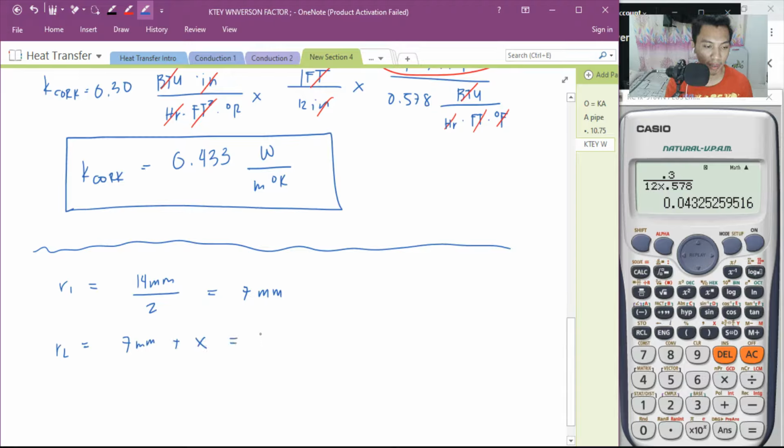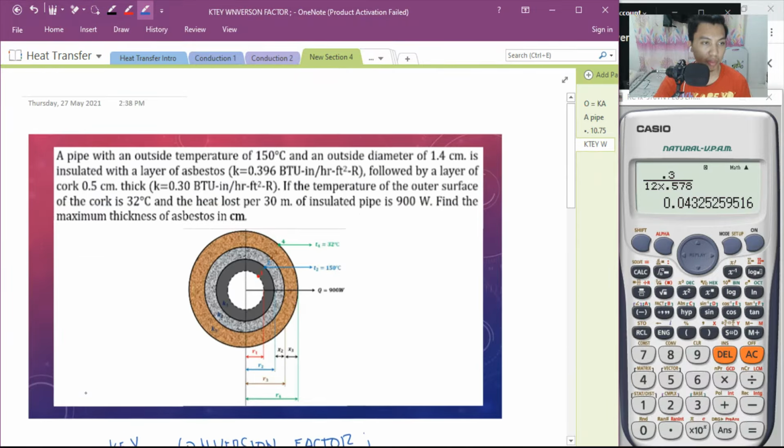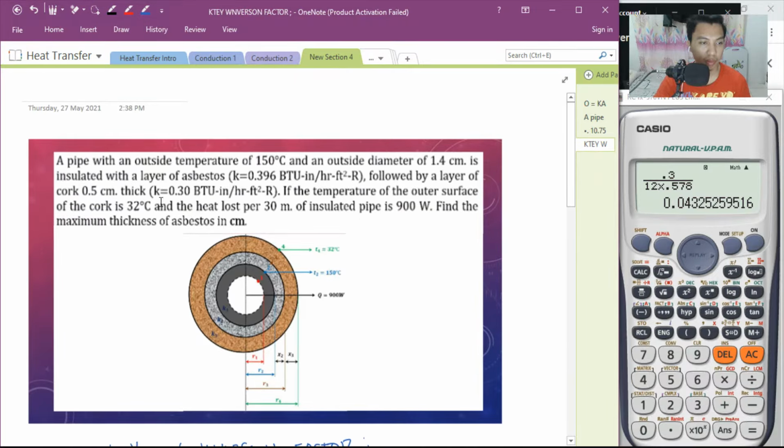Hindi natin alam eh. Ayan na yan. Pwede na yan. R2. Yung R3, that is equal to 0.5 yung cork.